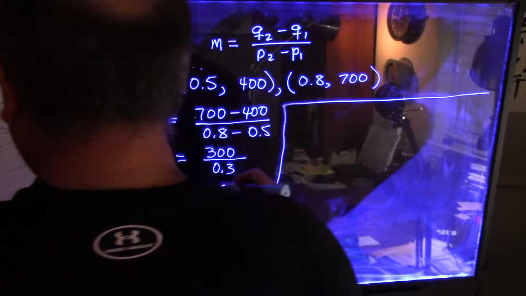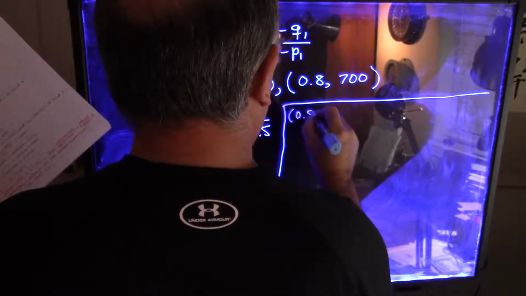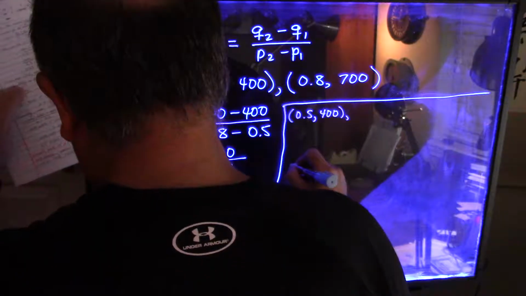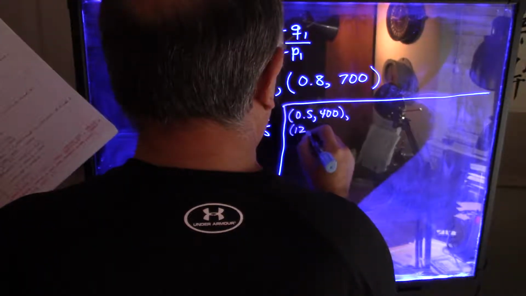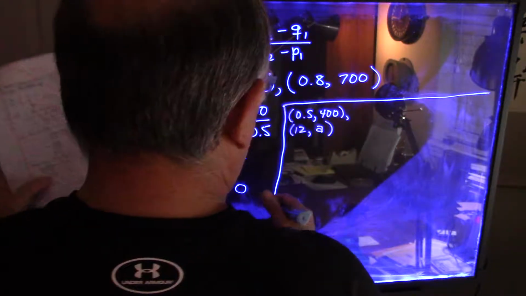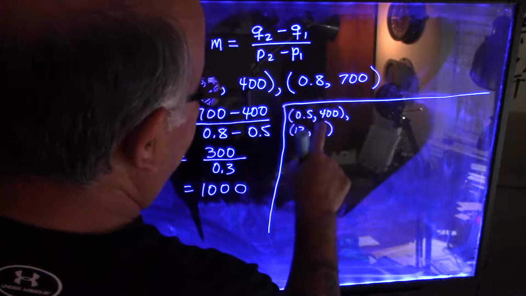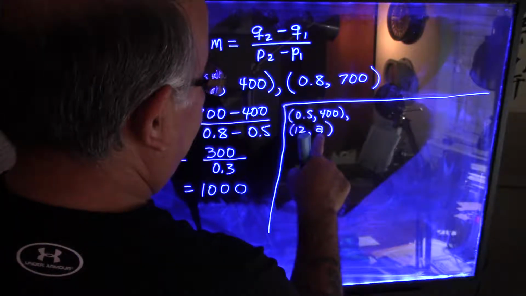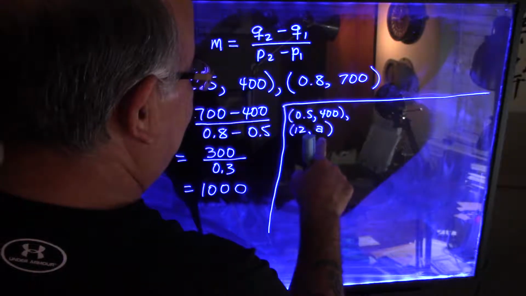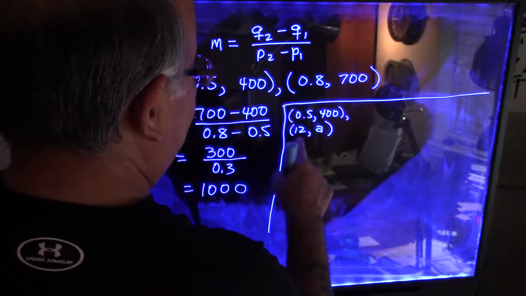I'm going to use 0.5, 400, and 12a, and we're going to solve for a. So this is Q2. I have to get used to these variables now. I'm always used to y's and x's. Q2 minus Q1 over P2 minus P1.